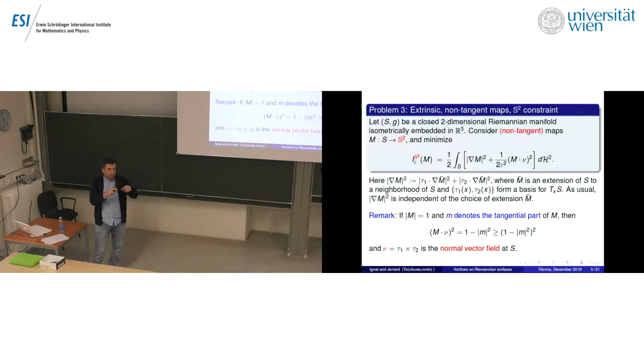So at the end, you know that if you have enough compactness, you stay of modulus 1, and you should be in the tangent. So this term is similar with the previous potential, because if you are on a sphere and you take m the tangential part, then the normal part is nothing but 1 minus the tangential part squared, right? And since you know that this is positive and less than 1, you get exactly this one. Okay, so this is the second extrinsic model.